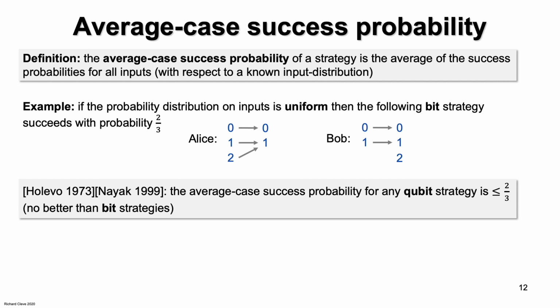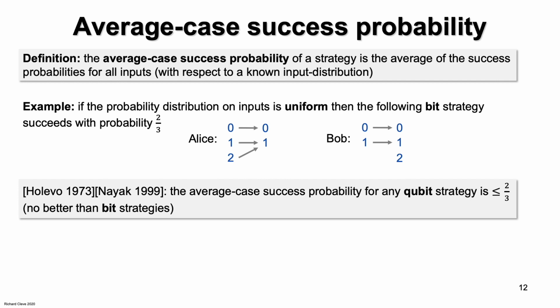There's a simplified version of the statement due to Ashwin Nayak. It's simpler to state and also simpler to prove. For our problem, it says that the average case success probability of a qubit strategy is at most 2/3. Thus, sending a qubit performs no better than sending a bit, which can also attain average case success probability 2/3.